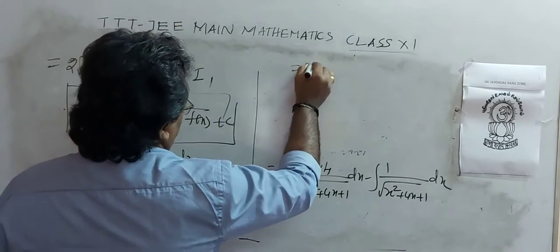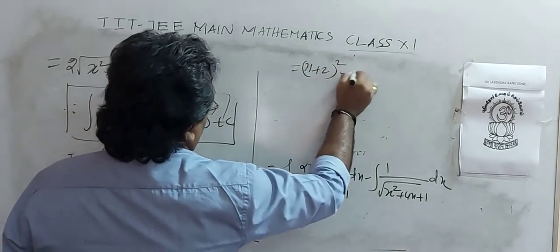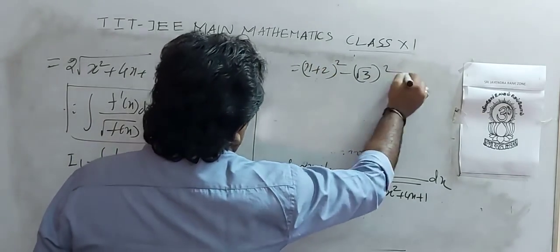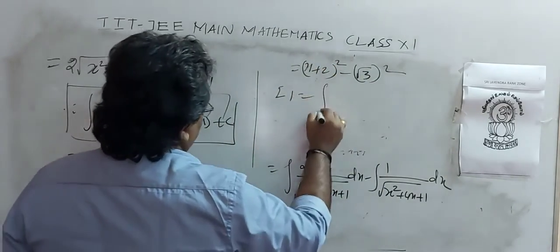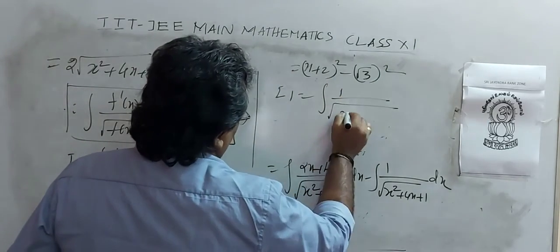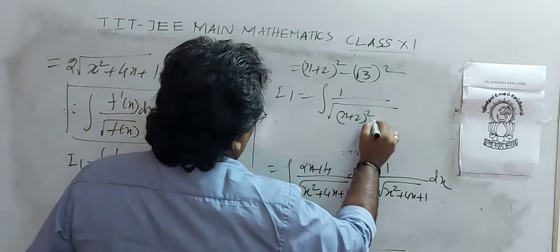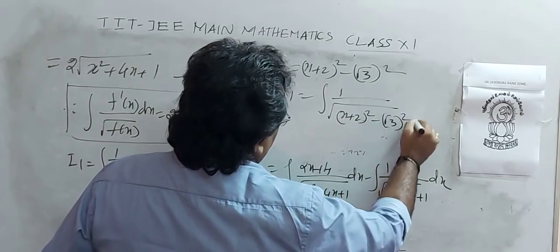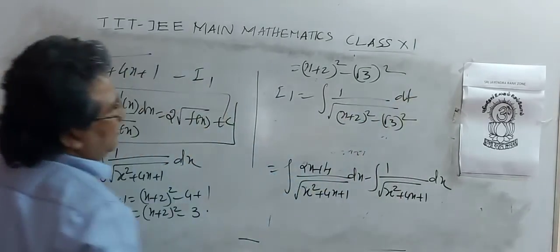Equal to x plus 2 the whole square minus root 3 whole square. Therefore, I1 equal to integral 1 by root of x plus 2 whole square minus root 3 whole square.